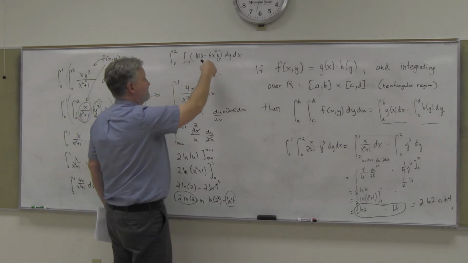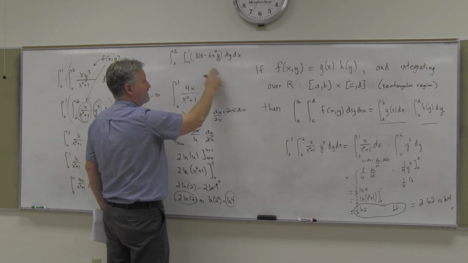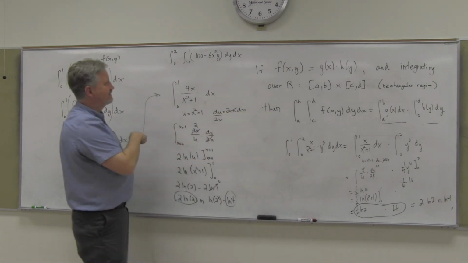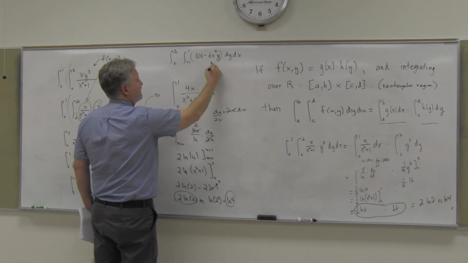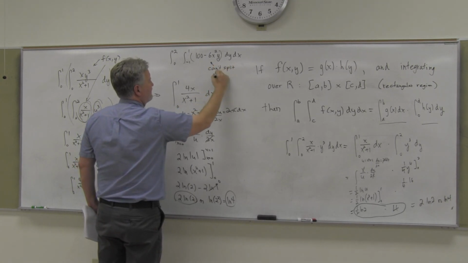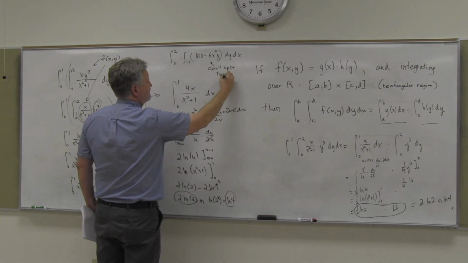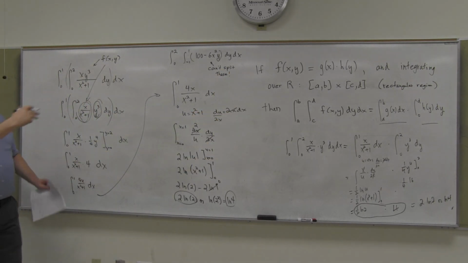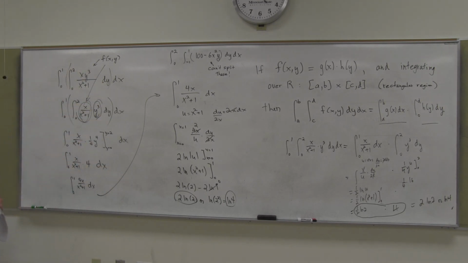I can't do function of x times function of y. I can't split it up like I did this one. So it doesn't always work. It only works in ones like we had in this example.